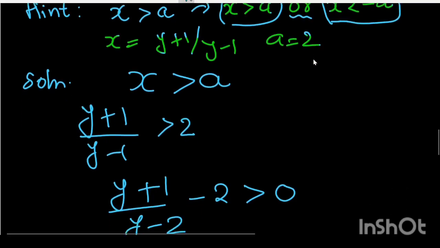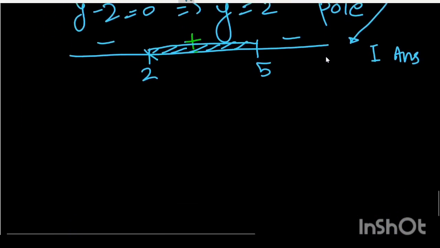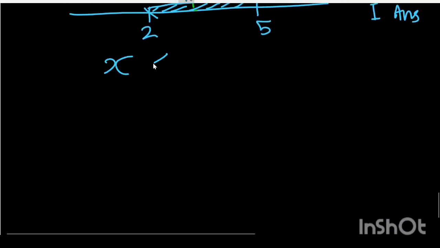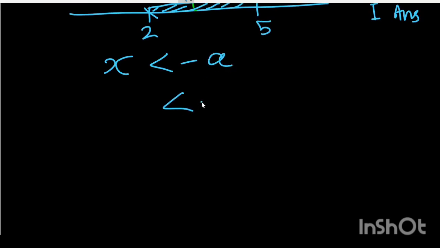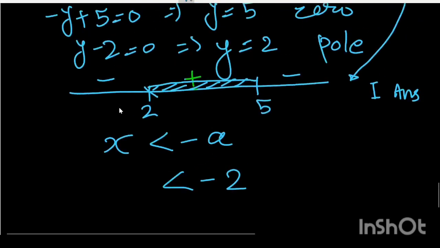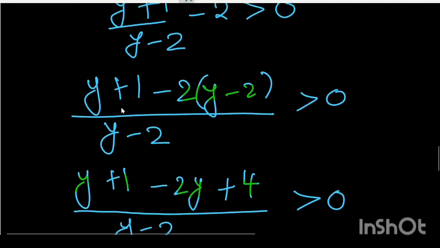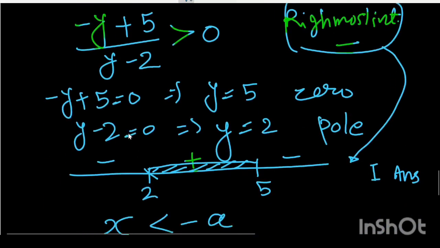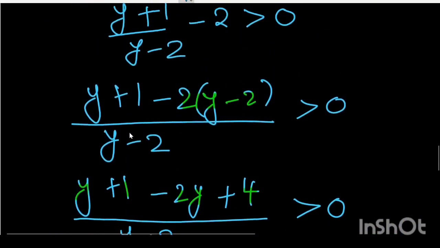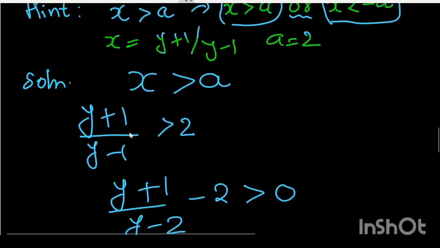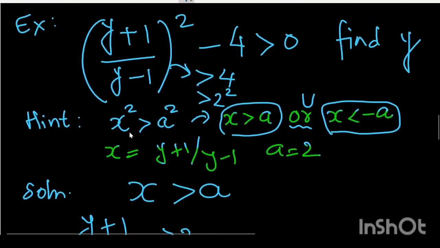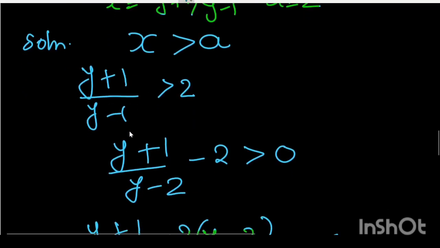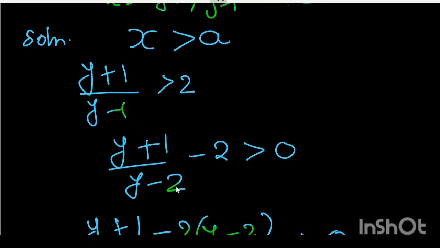So x less than minus a we will solve. The second thing is x less than minus a. So a was 2, so this is minus 2, and this is y plus 1 upon y minus 1. Oh, in the next step, instead of minus 1, I wrote minus 2 and I solved it.